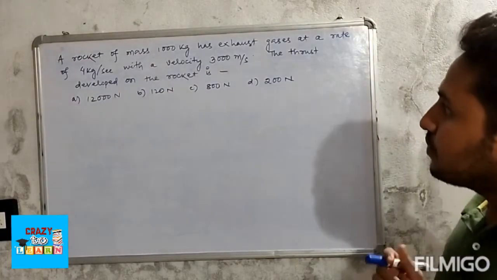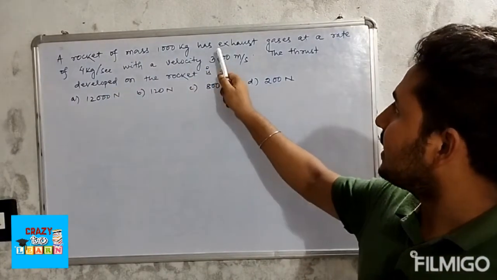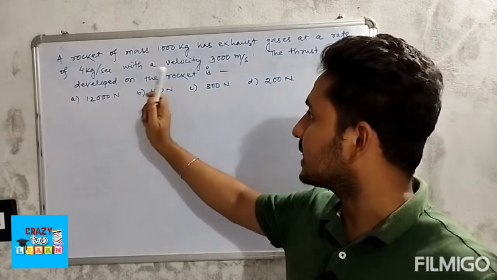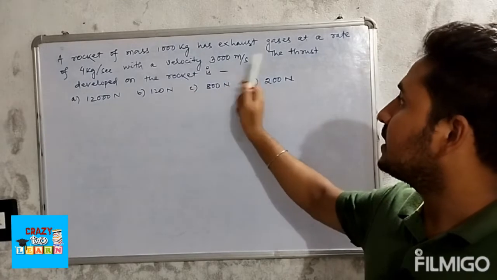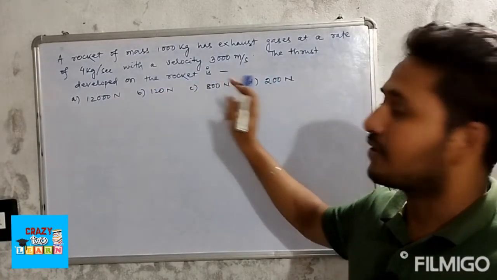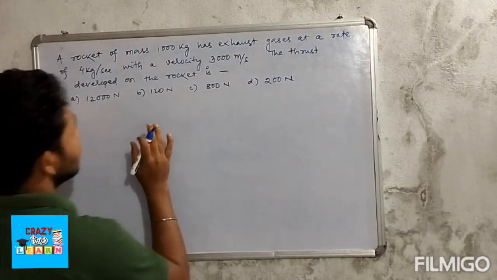The next problem is given to you. A rocket of mass 1000 kg has exhaust gases at a rate of 4 kg per second with a velocity of 3000 meter per second. The thrust developed on the rocket is. So first note down the given things.